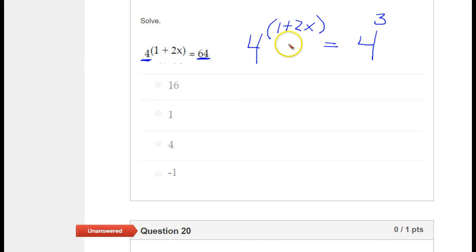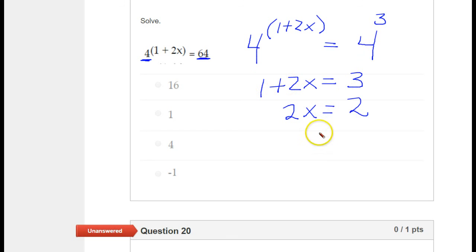And the rule was, if your bases are the same, then your exponents equal each other. So we transpose that. On this side it becomes a -1, and we get x equals 1. And it looks like right here.